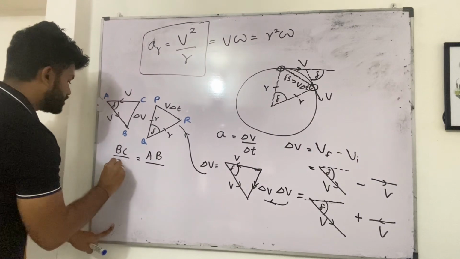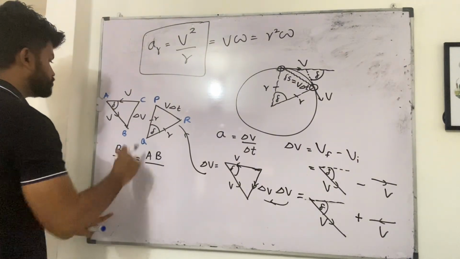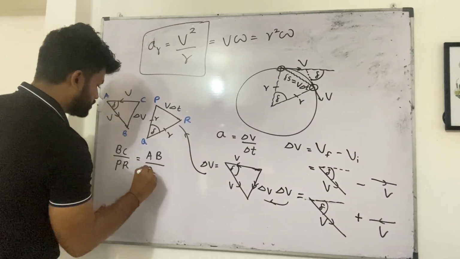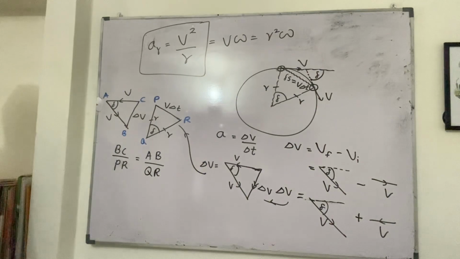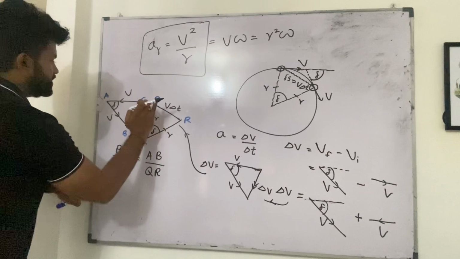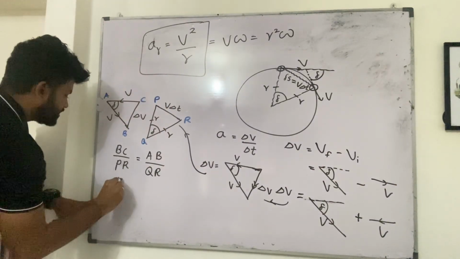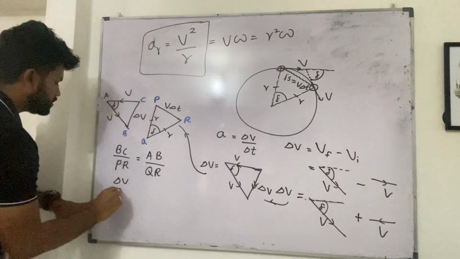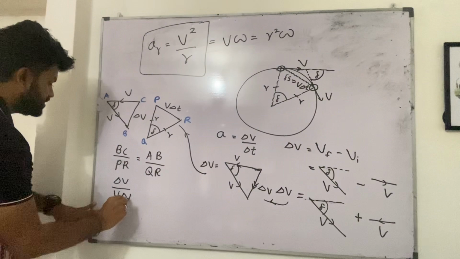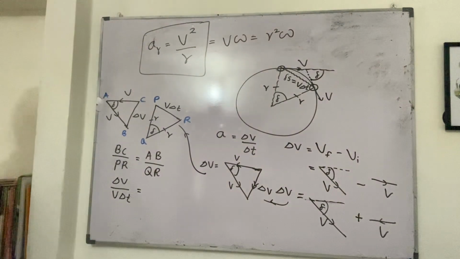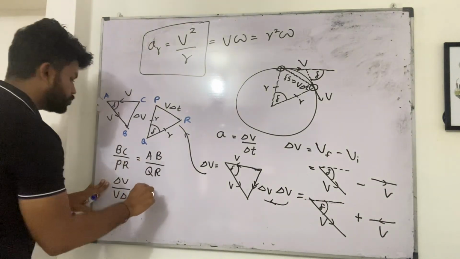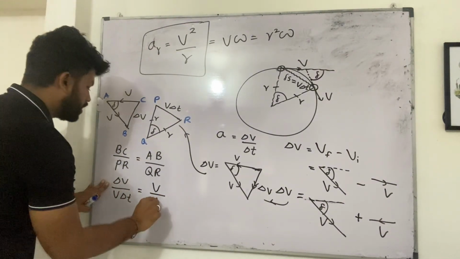BC over PR is equal to AB over QR. The value of the BC here is delta V. Delta V over PR, which is V delta T, is equal to, on the other side, AB, which is V over R.